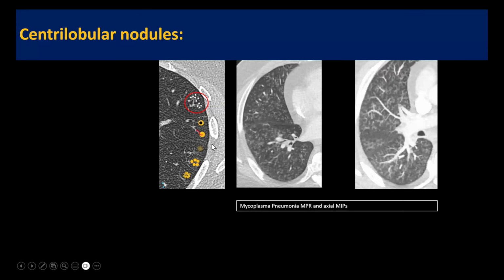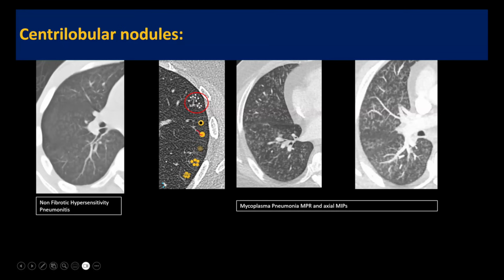When we look at centrilobular nodules, we're looking for that distinct separation from the pleura, relatively ill-defined nodules, often of ground glass density, and we also use our axial MIP images to highlight that tree branch with the branching opacities that are these centrilobular nodules with tree and bud distribution, as seen in this patient with Mycoplasma pneumonia.